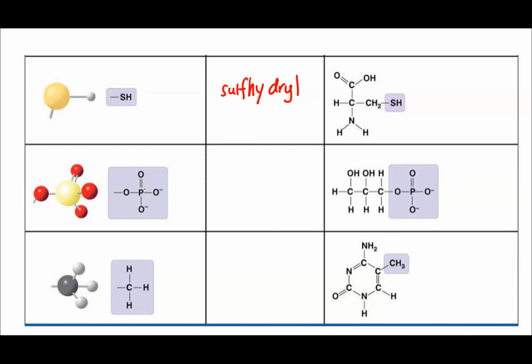Next, we have a phosphorus. You can see there's a central P connected to 4 oxygens: 1, 2, 3, 4. This is a phosphate group. And if you have a carbon connected to 3 hydrogens, that's a methyl group.